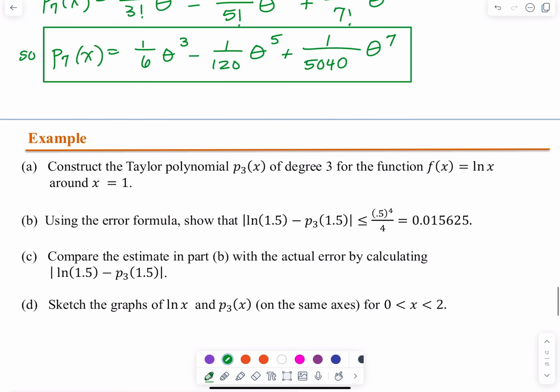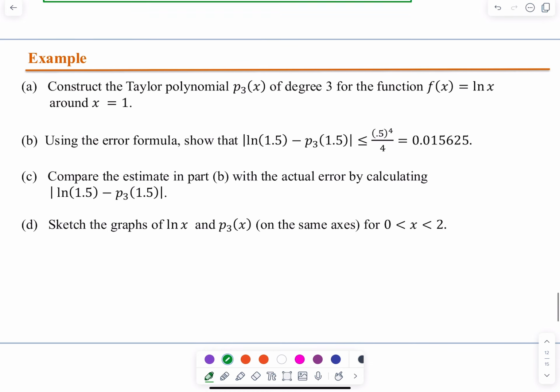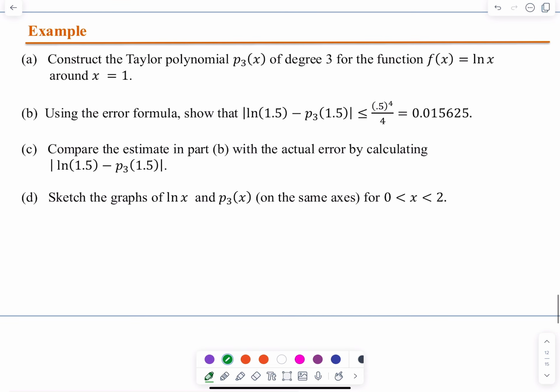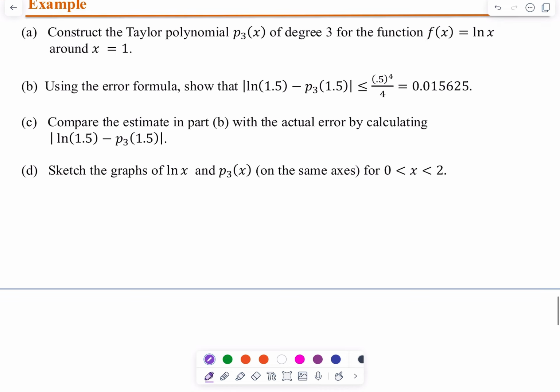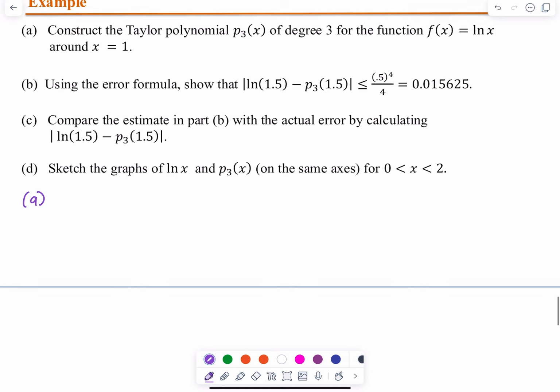Let's go ahead and look at an example that talks about this error that we make by approximating with a Taylor polynomial. So let's just start coming up with some of our derivatives. So we started with f of x equals ln of x.